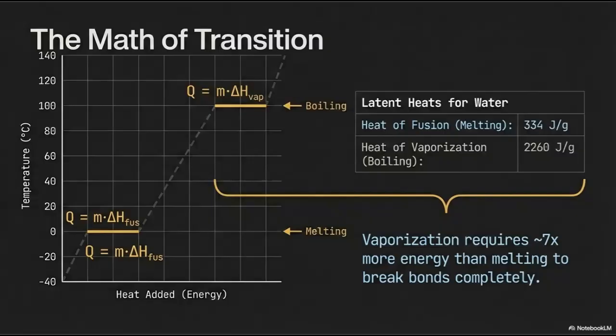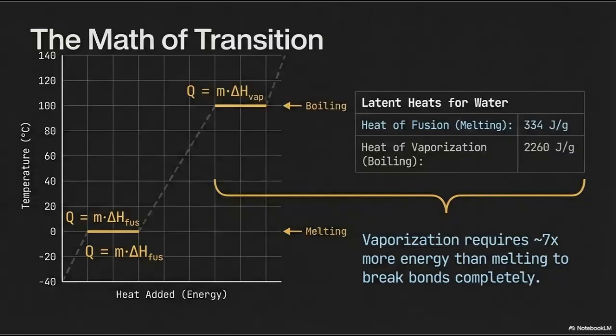So for melting, we use the equation Q equals M delta H of fusion. The delta H of fusion is this value up here. The Q equation has nothing to do with temperature. It only deals with the amount of matter you have, the mass that you have.